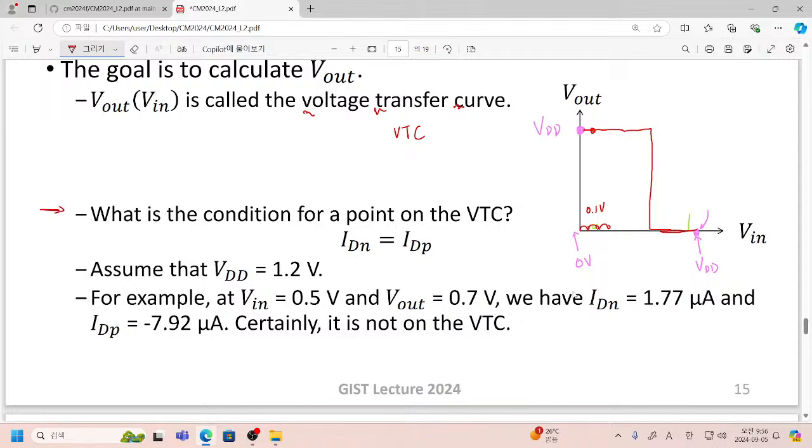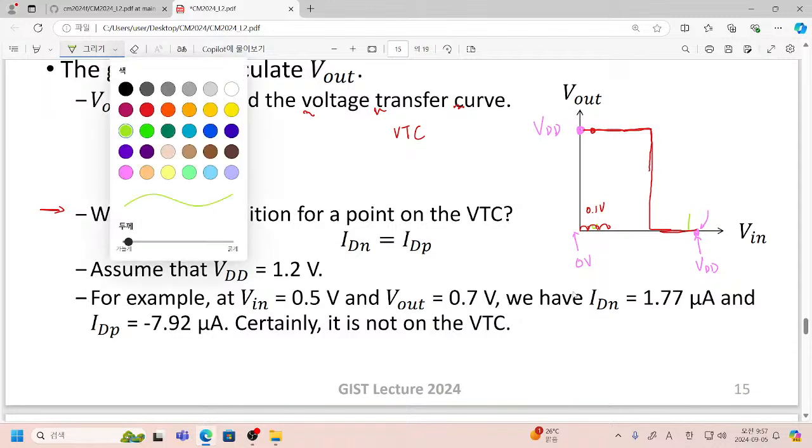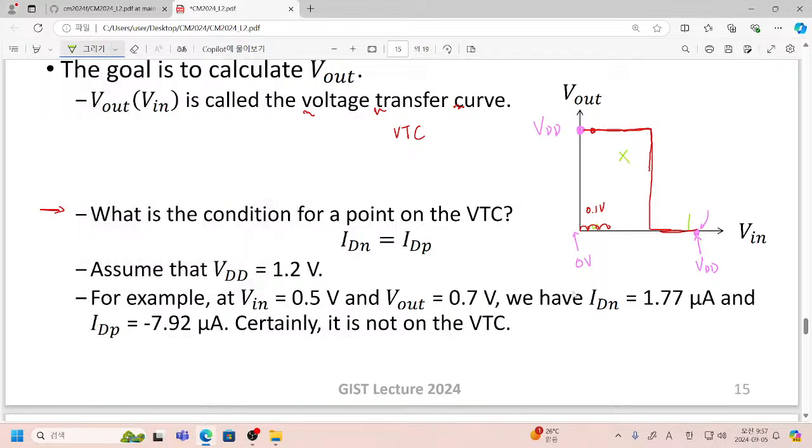What is the condition for a point on the VTC? For example, let's think about this ideal VTC. We can consider other points, for example here and here, the point on the curve and the point off the curve. What is the difference between these 2 cases?